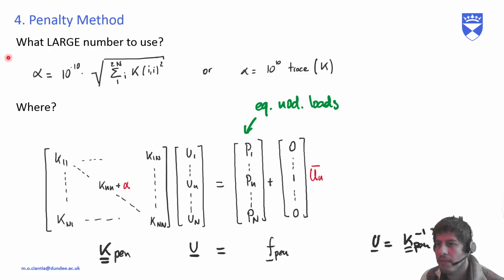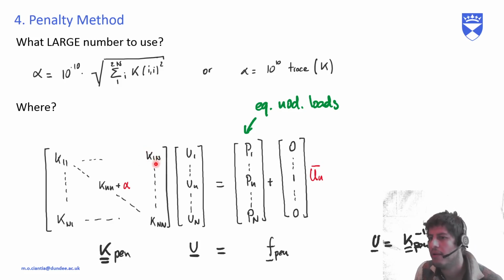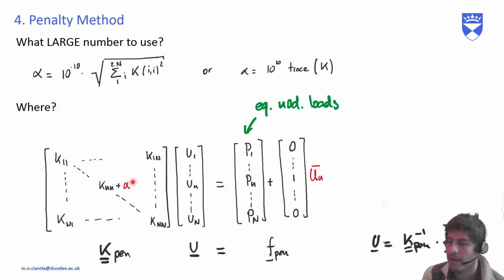Basically, it is to make sure that alpha is always going to be something which is very big with respect to the contents of this stiffness matrix, because if we say alpha is equal to 10 to the 10, but these terms k11 or k1n are 10 to the 15, then we're not adding anything which is big with respect to the stiffness matrix.